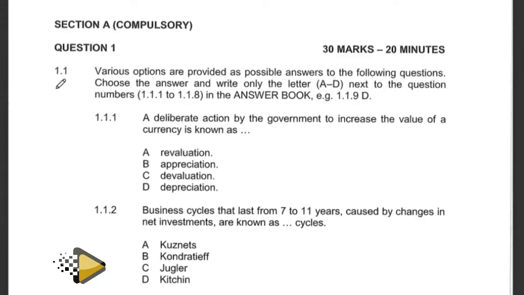In particular 1.1, various options are provided as possible answers to the following questions. Choose the answer and write only the letter from A to D. An example is given next to the question numbers. There is 1.1.1 to 1.1.8 in the answer book provided.